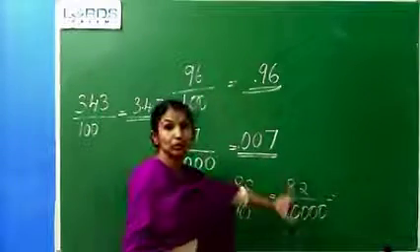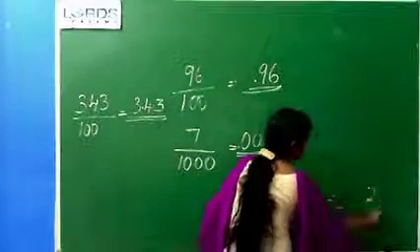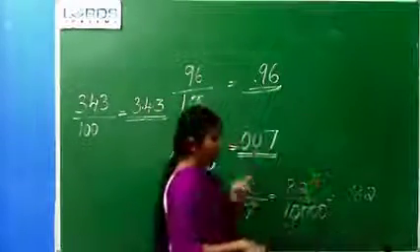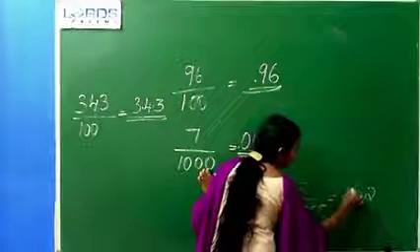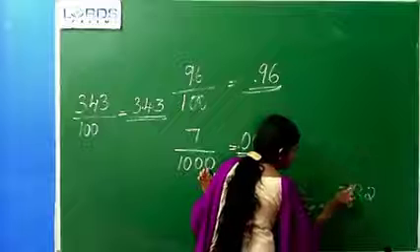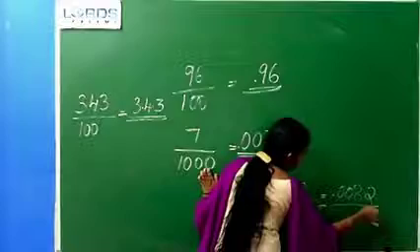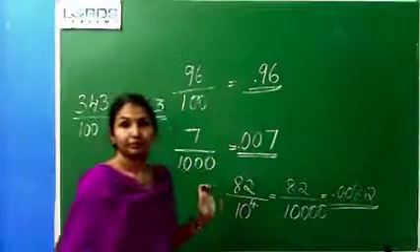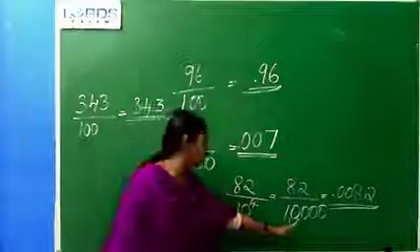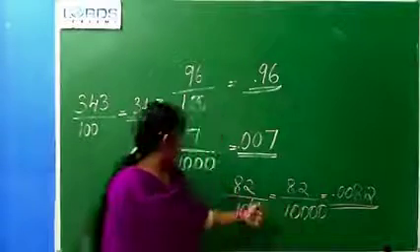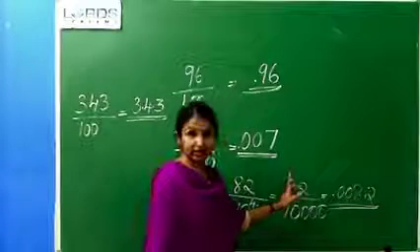Now we should convert this into decimal. So first we wrote 82. After the point, 4 digits. 1, 2, 3, 4 and then the point. So first 10 raised to 4 we converted into 10,000 and then 4 places we need after the decimal.